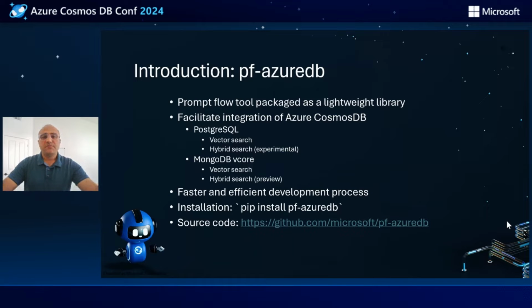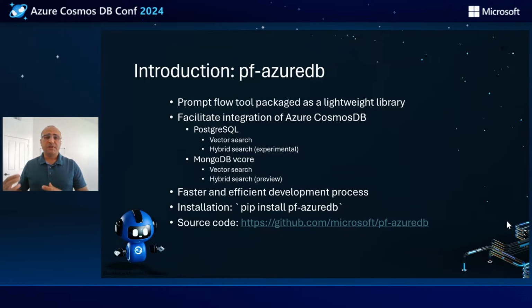Now, when we want to build a retrieval augmented generation application, we are always going to need a vector store. As you all might know, Azure Cosmos DB offers vector search capabilities through PostgreSQL and MongoDB vCore.